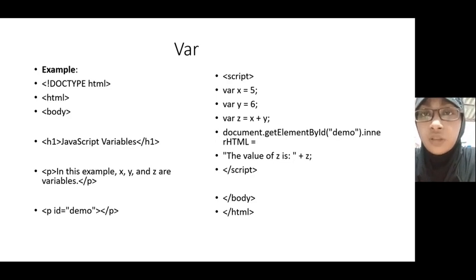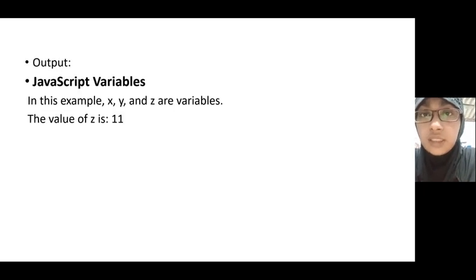We defined three variables x, y, and z. z stores the value of x plus y, and document.getElementById of demo.innerHTML gets access to the paragraph tag because its ID is demo, and the x plus y value, that is the z value, gets printed with the help of the paragraph tag. Now the output will be: the value of z is x plus y, which is 11. And we close all the corresponding tags. As you can see, the value of z is 11.